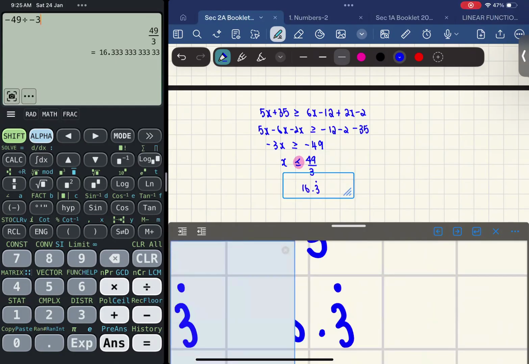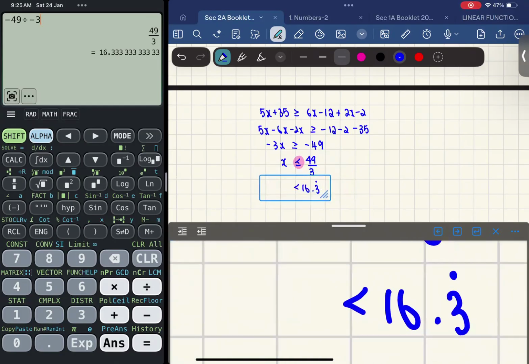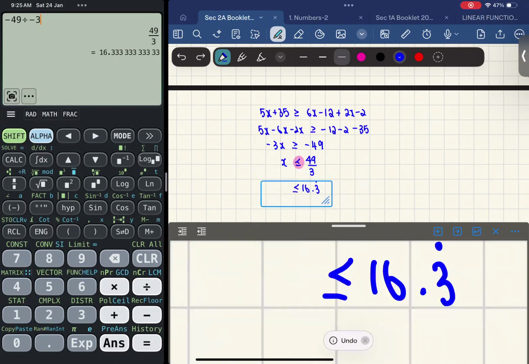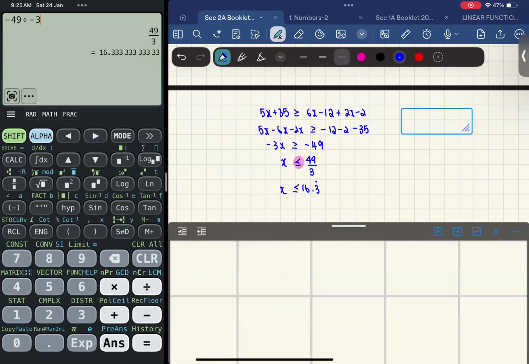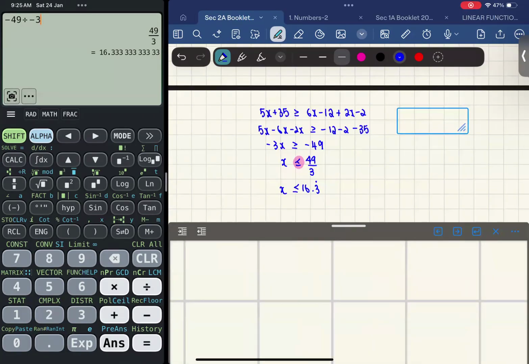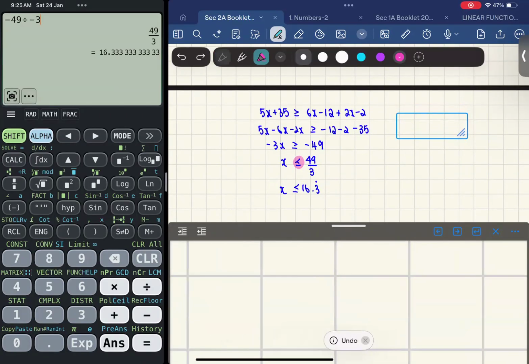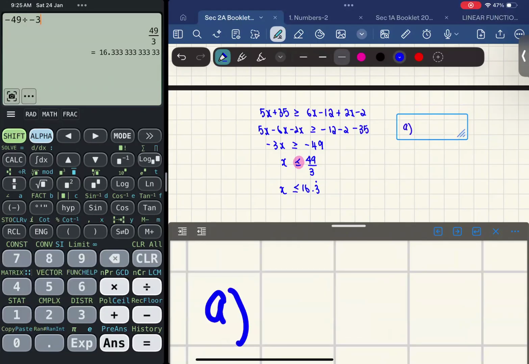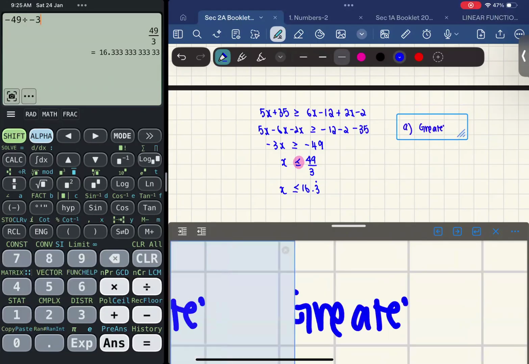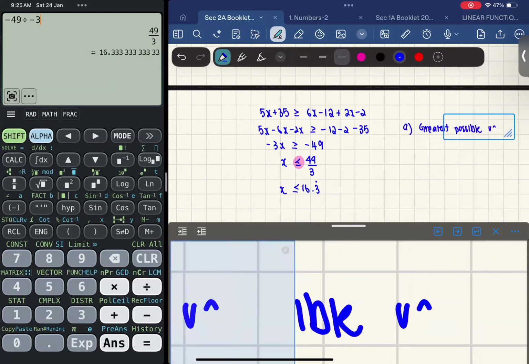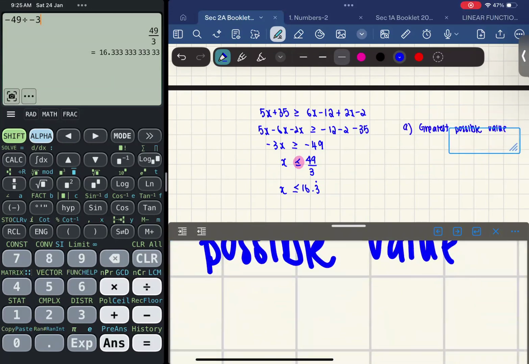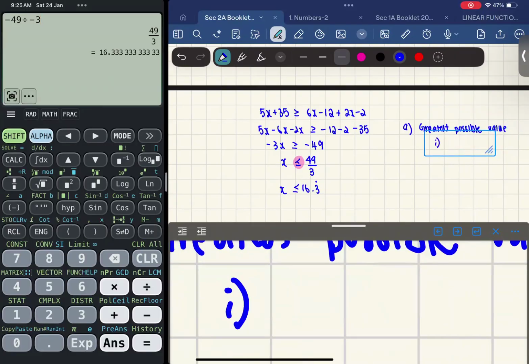So in this case, they will ask you to find the greatest possible value of maybe a rational value. Sorry, not irrational, rational.